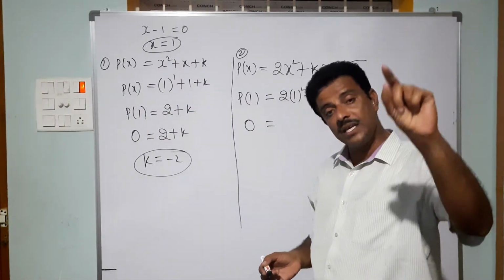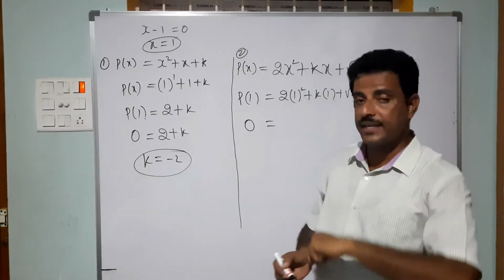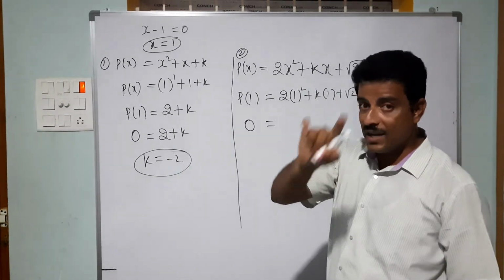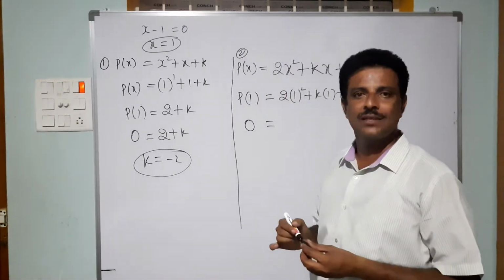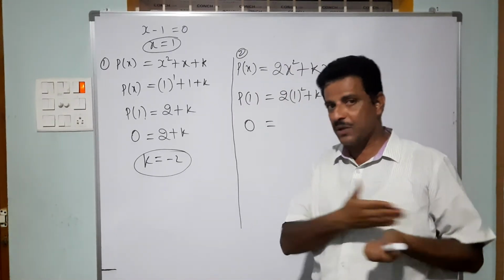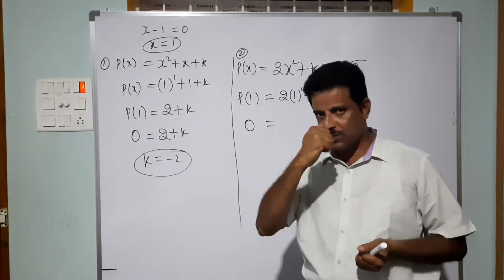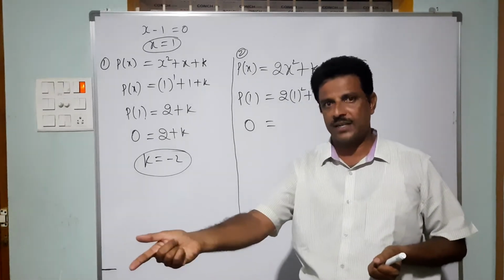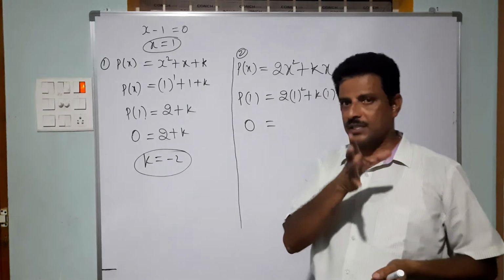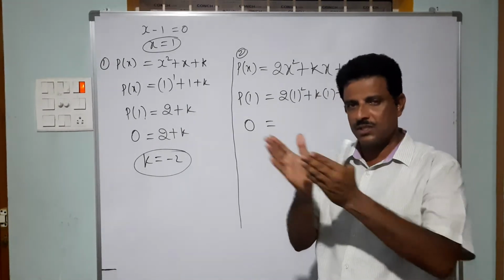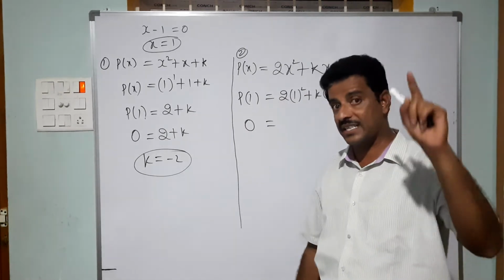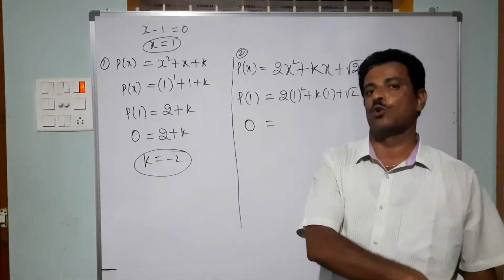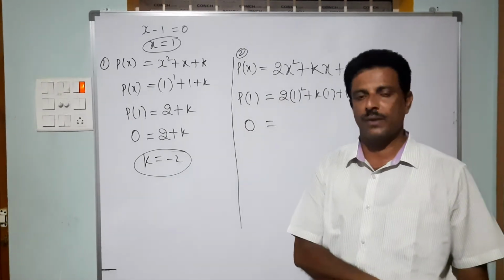Because of the given condition: x minus 1 is a factor of these polynomials. Already in the previous problem we found that x minus 1 is a factor. When x minus 1 is equal to 0, x is equal to 1. Put x is equal to 1, and if the answer is 0, then that is a factor of the polynomial.